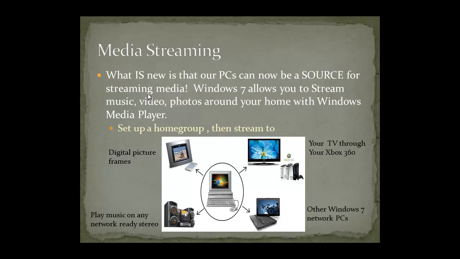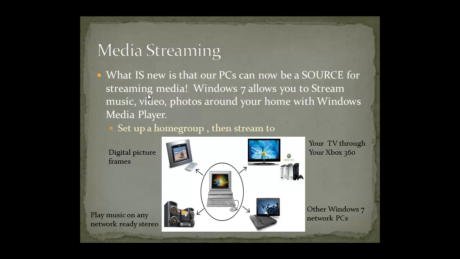First, you would just set up a home group. That's a Windows 7 networking feature. And then stream to different things in your house. For example, you can stream to a digital picture frame. You can stream to your TV if you have an Xbox 360 hooked up to your router. You can stream to other Windows 7 network PCs.